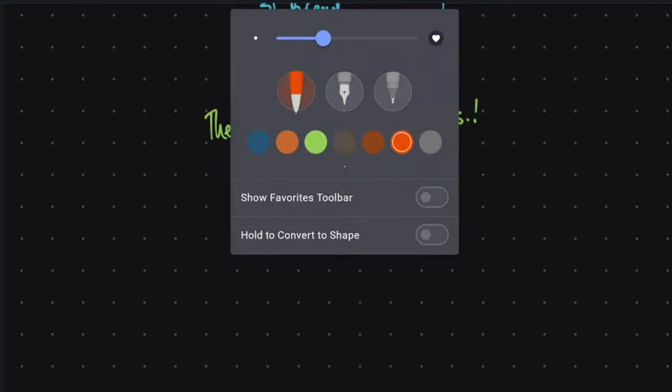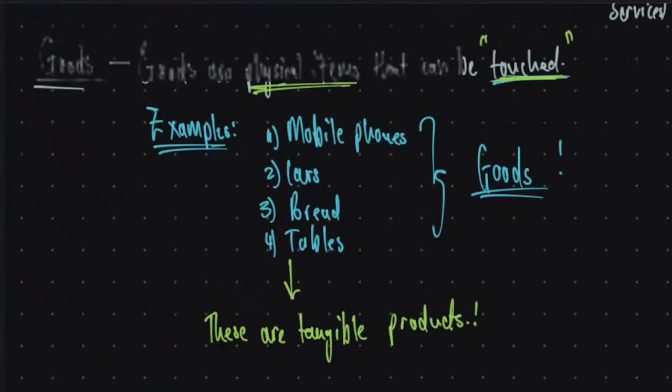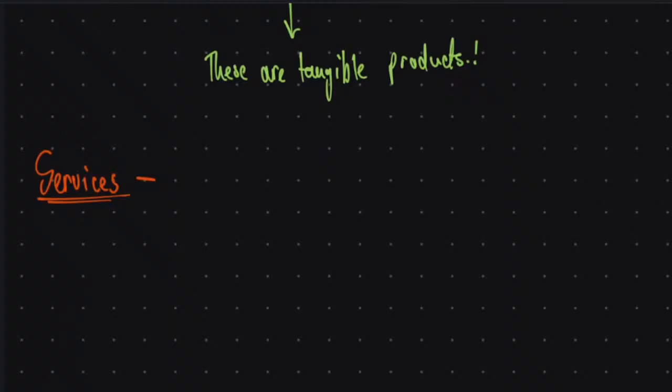And when we now say a service, products can either be goods or services, right? And still both are products. Both are being produced. What do we mean when we say you're producing a service?